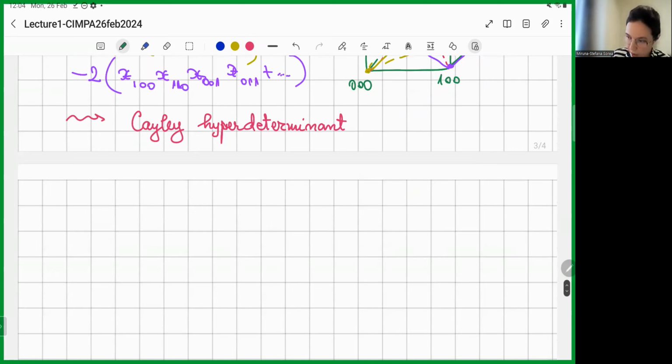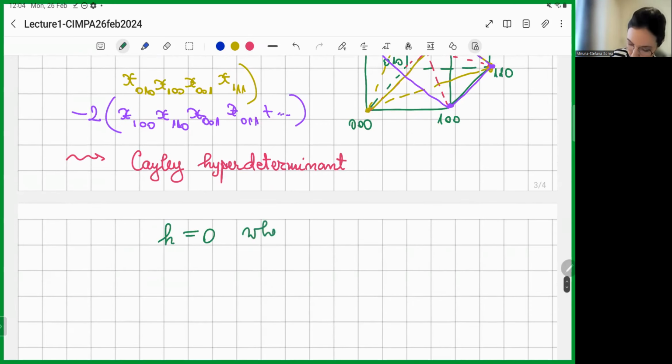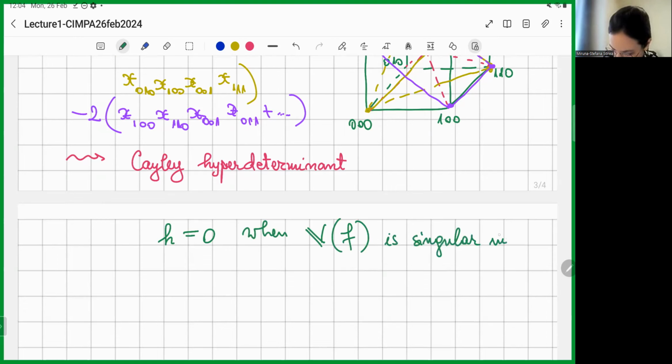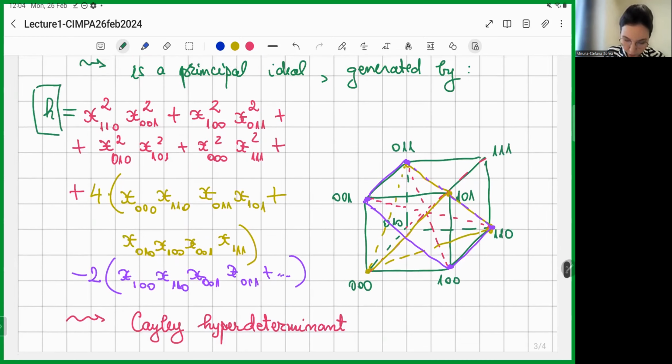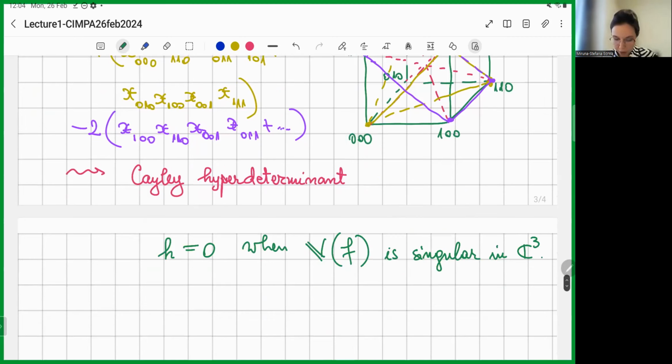So essentially, the conclusion that comes from elimination theory is that H, this polynomial, is 0 when the surface V(f) from before is singular in C^3. If the entries of capital X satisfy this equation H equals 0, we know that the surface is singular.